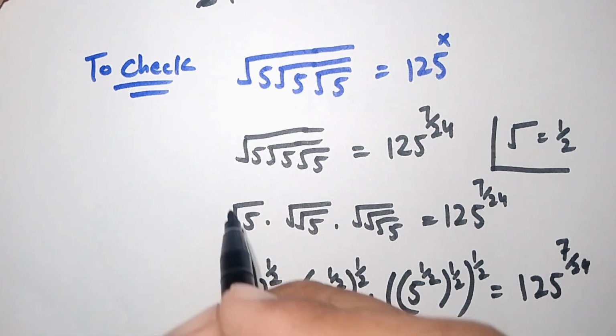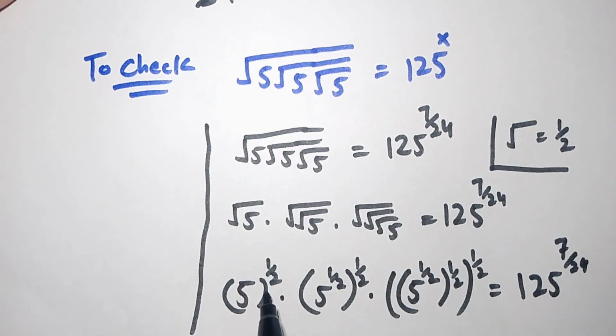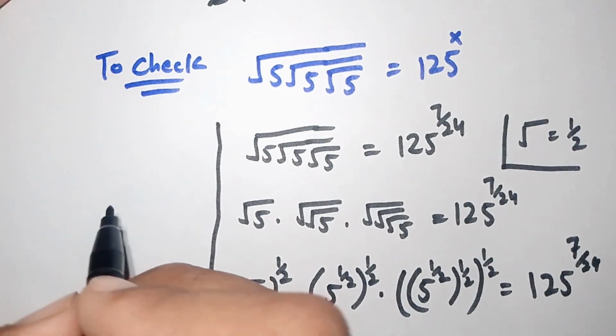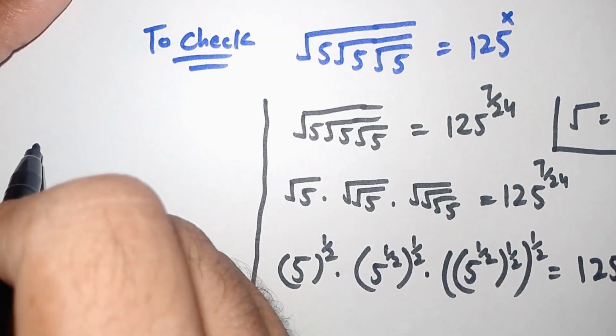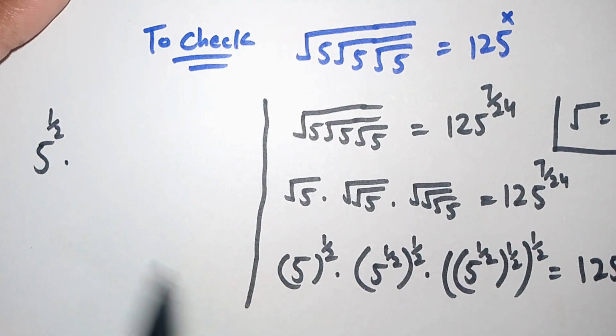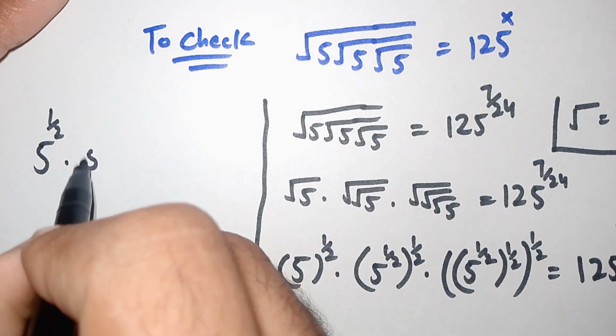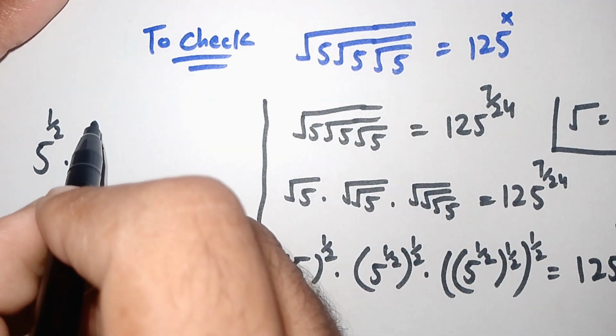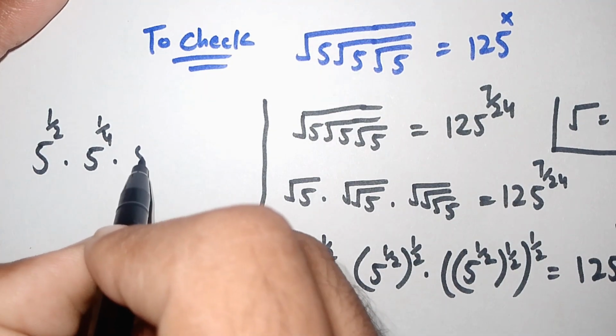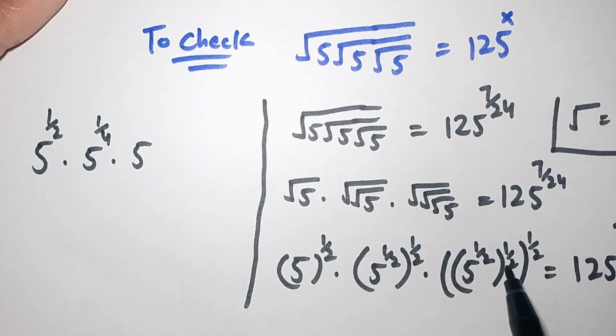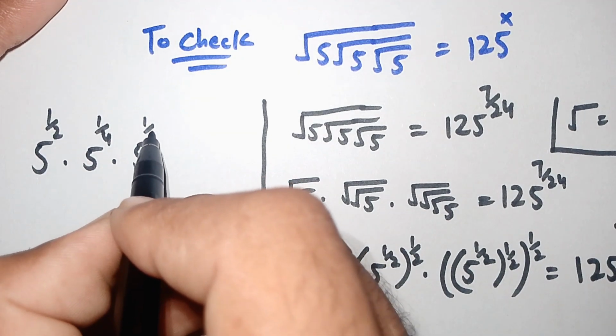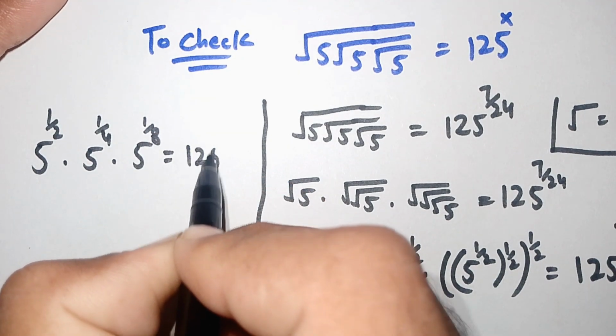In the next step, 5 to the power of 1 over 2 times 5 to the power of 1 over 4, since 2 times 2 is equal to 4, times 5 to the power of 1 over 8, since 4 times 2 is equal to 8, which is equal to 125 to the power of 7 divided by 24.